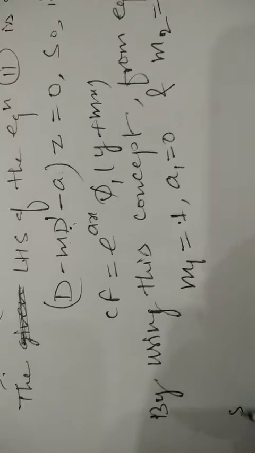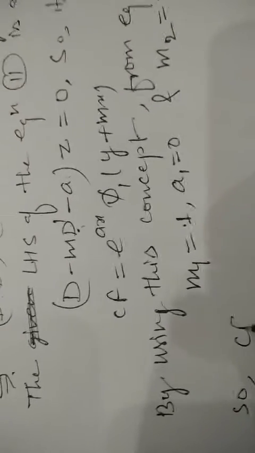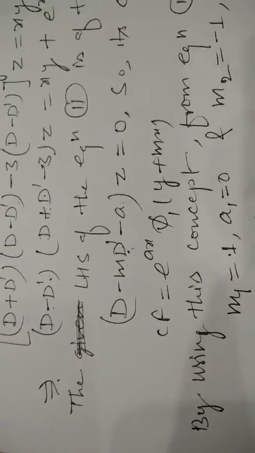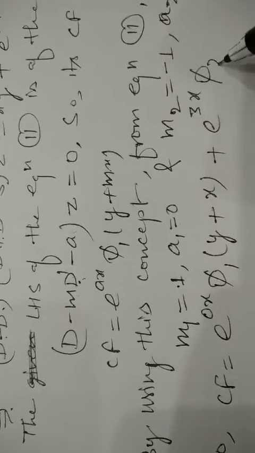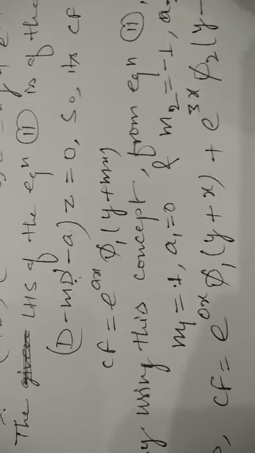So CF can be e to the power ax, meaning 0x, phi 1 (y plus m1x, meaning x), plus e to the power a2x, phi 2 (y plus m2x, meaning minus x).